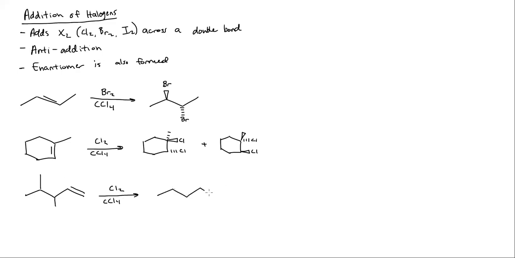We still just add one chlorine here and the other chlorine down here. That last carbon is not chiral, so that doesn't really matter, but we would get this enantiomer. I'm drawing this on a wedge and this on a dash, even though they're not chiral, just for the sake of understanding. They're going to be trans to each other. So this is my entire reaction.